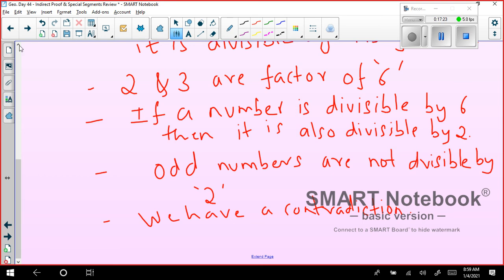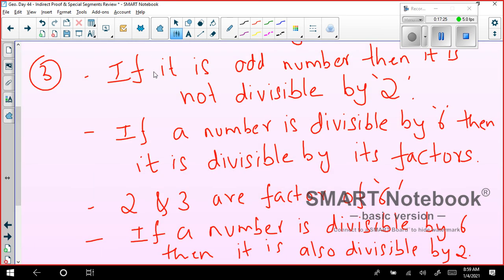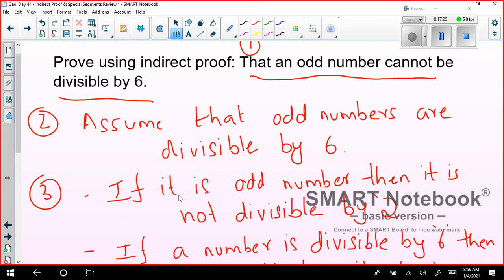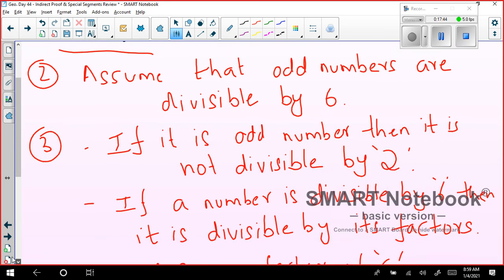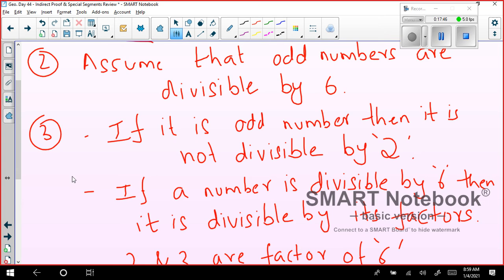Okay. So in the second step, we assumed that if it is an odd number, then the odd numbers are divisible by 6. And in the third step, we went on to reason out to show that that particular assumption is false.